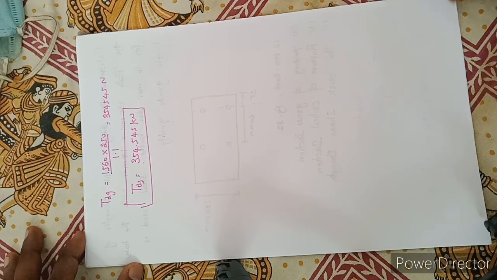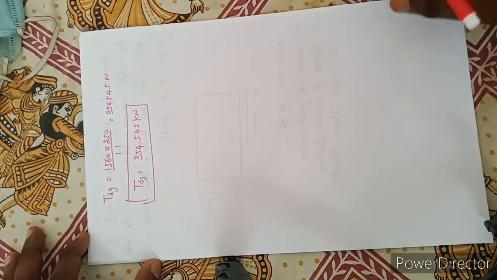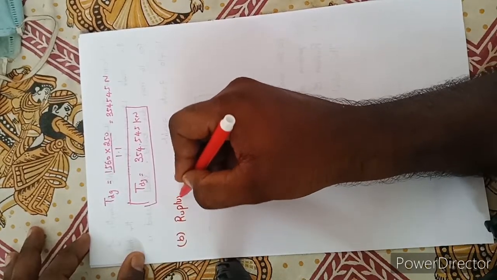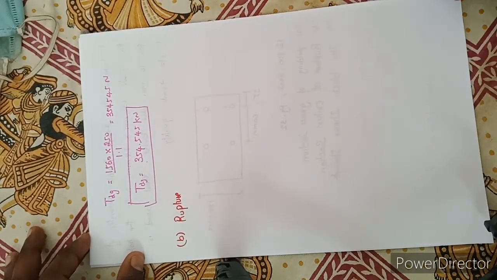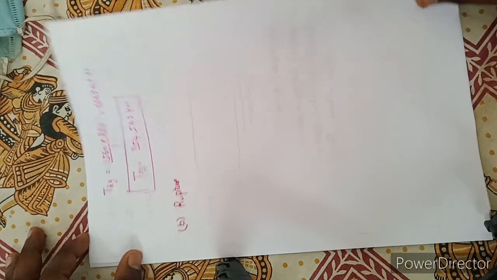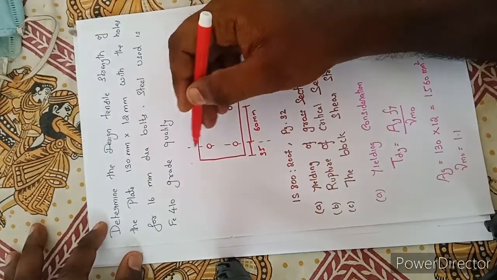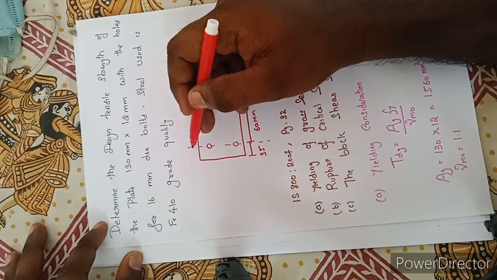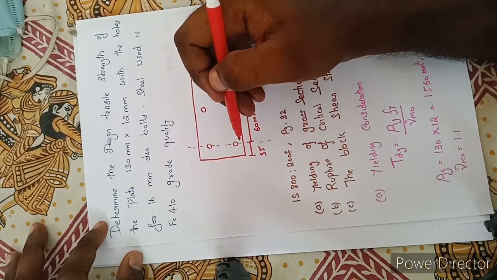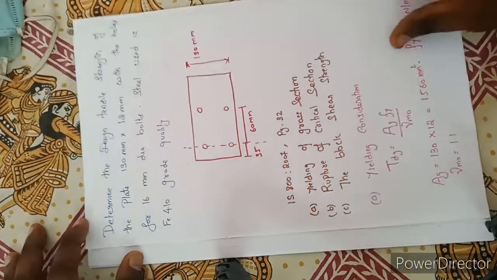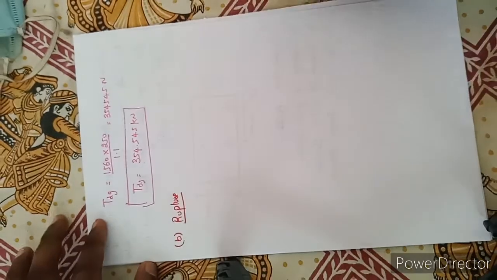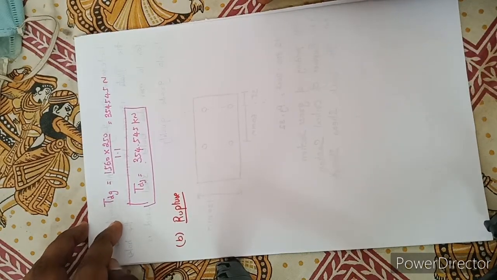Next I have to calculate the strength of the steel while considering rupture. While considering rupture, we have to choose a critical section. A critical section is a section between two holes. So I'll consider these dotted lines as my critical section.